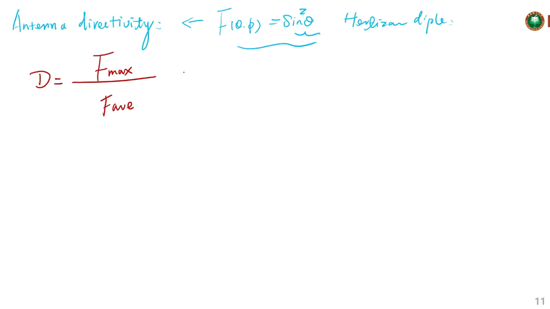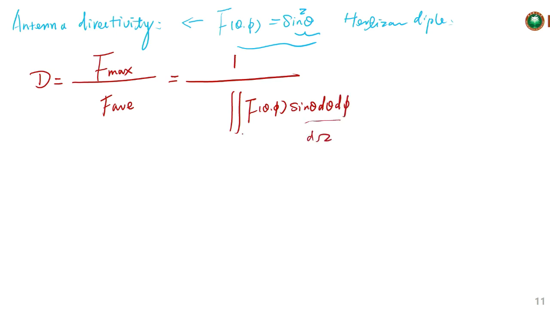The maximum of it, because it's normalized, is 1, all right? And for the average, we need to take an integration of it over the whole solid angle, or define it as omega, all right? So this is 4 pi. Because it is an average, it is divided by 4 pi. Yeah. So this is the expression for the directivity.